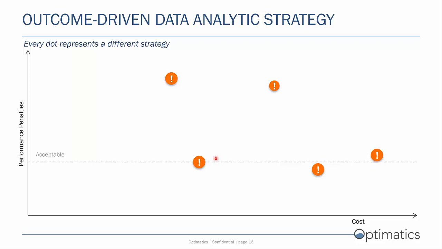So now if we think about what this process looks like using Optimizer, instead of discretely testing out 5 different strategies, in Optimizer we're going to define everything that can possibly change in the network. So all the possible configurations that I could change. And on the other side of that, we're going to define all the required performance requirements that I want to meet in my network.